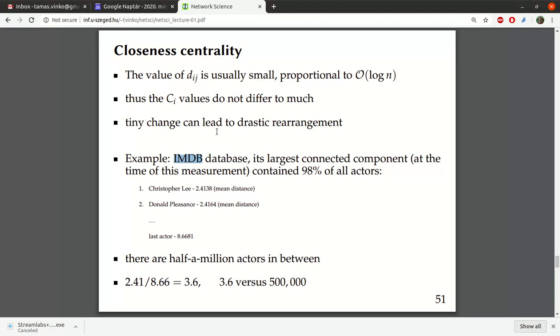The data we can get from it is actors and movies. We discussed this already, that this creates a bipartite graph. In one group we have the actors of the database, and in the other group we have the movies. And an actor is connected to a movie if the actor plays any role in that movie.